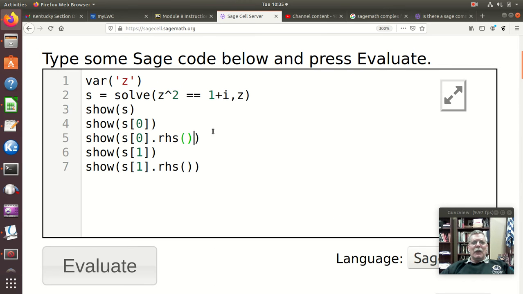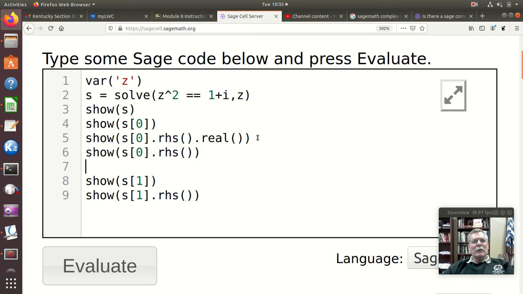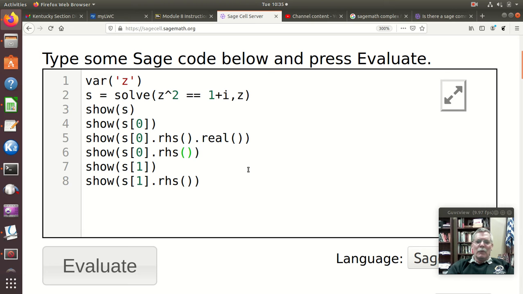So we're going to say, give us the real part by saying real, and then we'll go here and toss in that we want the imaginary part. And again, those are functions, so we need to put parentheses there.